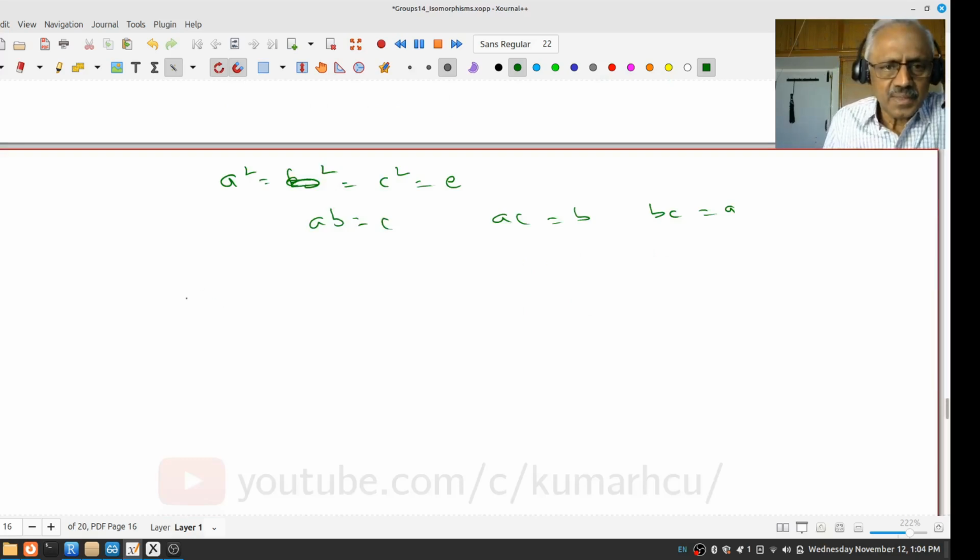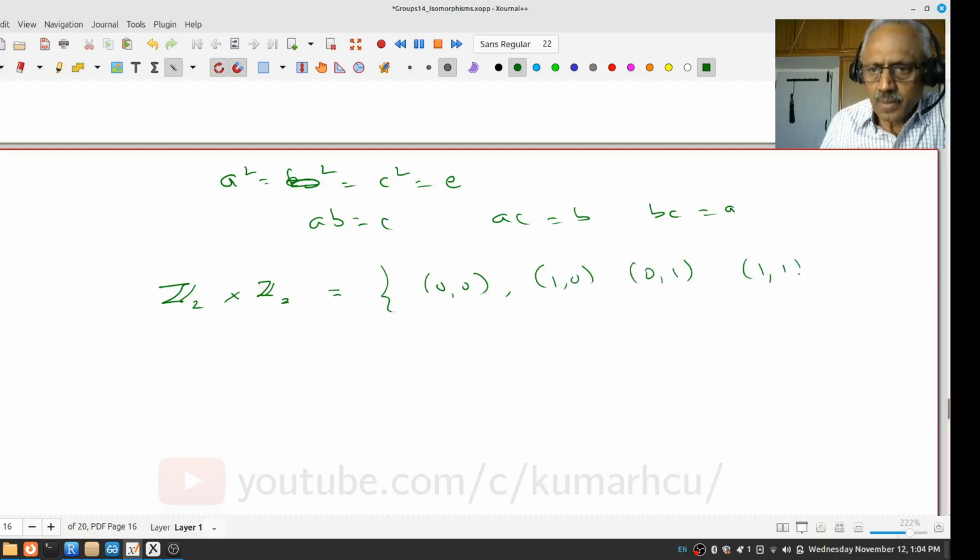Okay. Then we also saw Z2 cross Z2. Right? What are the elements? (0,0), (1,0), (0,1) and (1,1). Again, you can call this the identity.